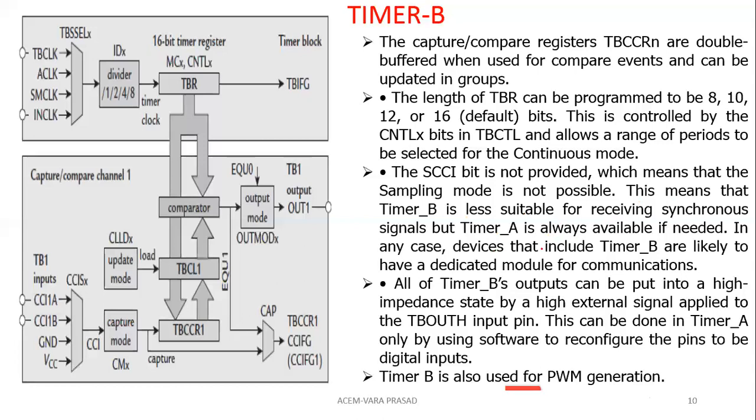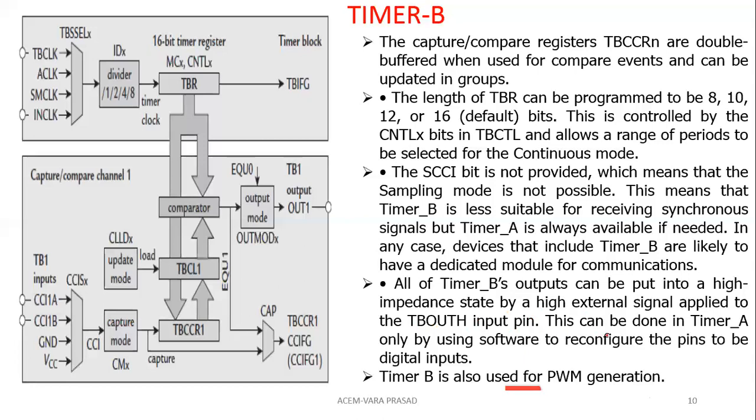In this case, Timer B is likely to have a dedicated module, because an extra module is required for communication. Then all Timer B outputs can be put into a high impedance state by using an external signal applied at the Timer B OUTH input.